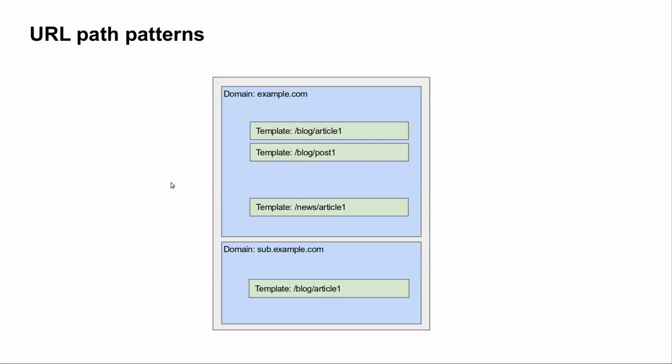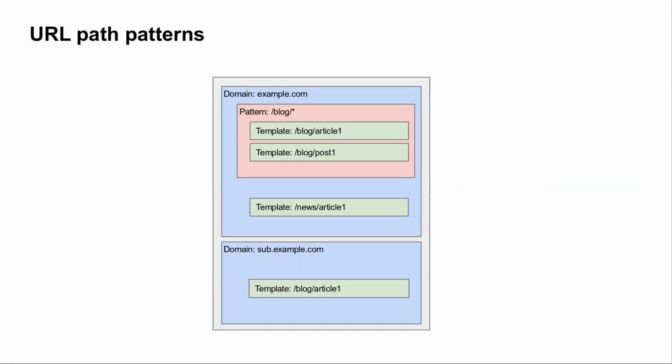Going back to the overview, we said that we had configuration split into domains. Each domain has multiple templates. Now, if we want to further subdivide translation, we have what we call URL path patterns. A URL path pattern is a pattern that a URL should follow, in which case we are going to assign it to a specific translation subgroup.